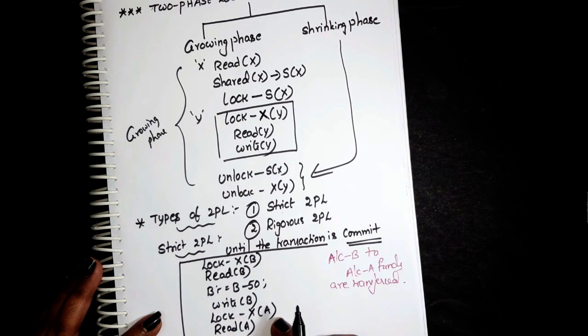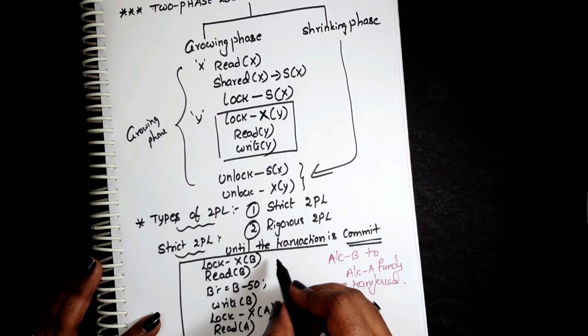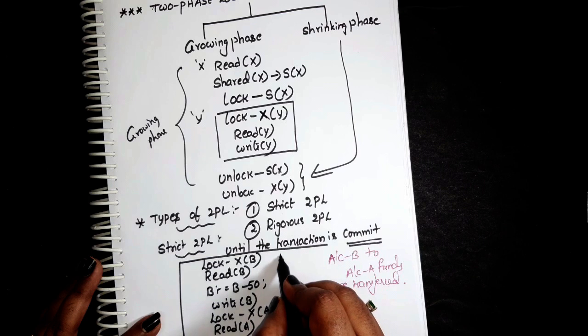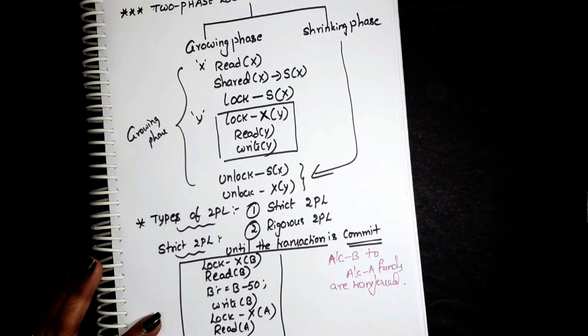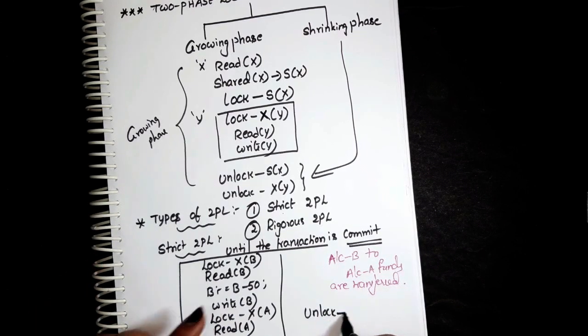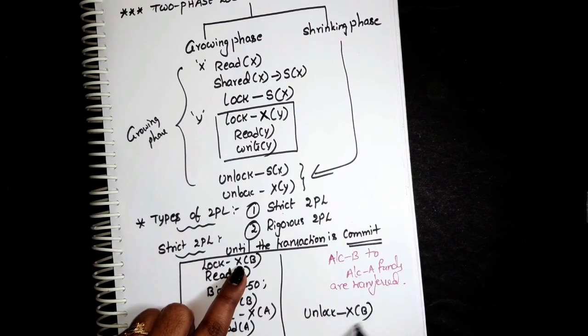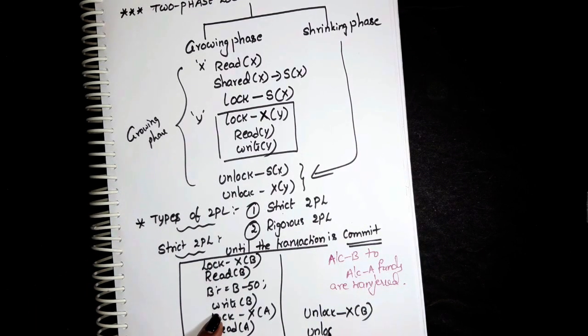You take an exclusive lock on A, both read and write operations are executed, and finally the transaction commits. First B and then commit, the second data item is A, and after completion of all this you can release: unlock the exclusive lock on data item B and unlock the exclusive lock on data item A.